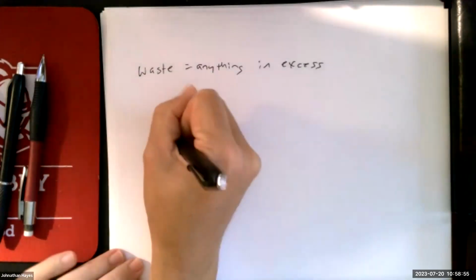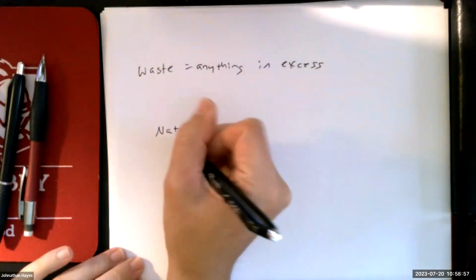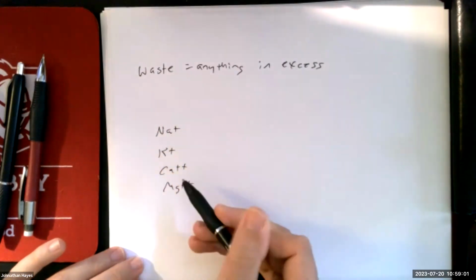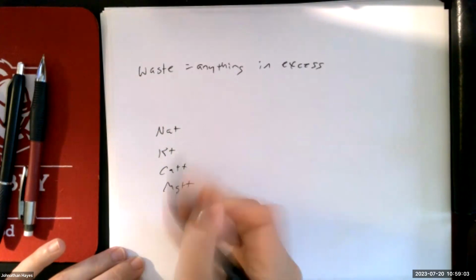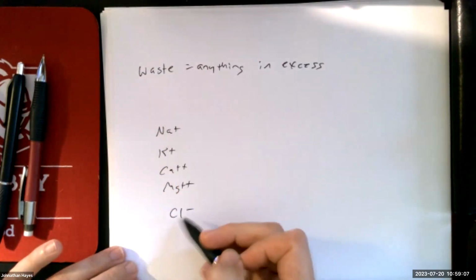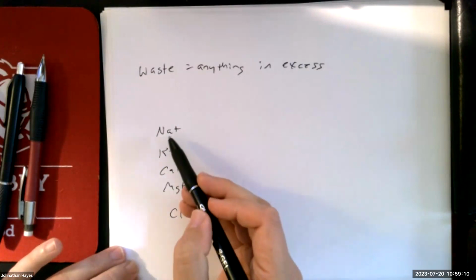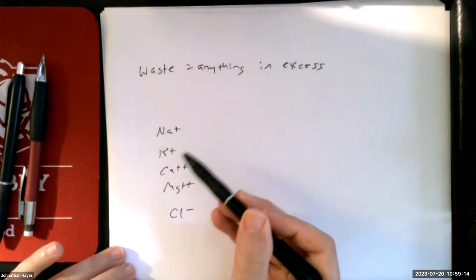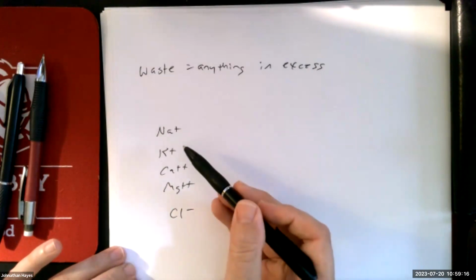But what about things like sodium or potassium or calcium or magnesium? Some of these electrolytes, are there going to be times when we might have the right amounts in our body? Sure. But are there going to be times where we have too much, maybe? Sure. So at that time, it's going to be considered waste.